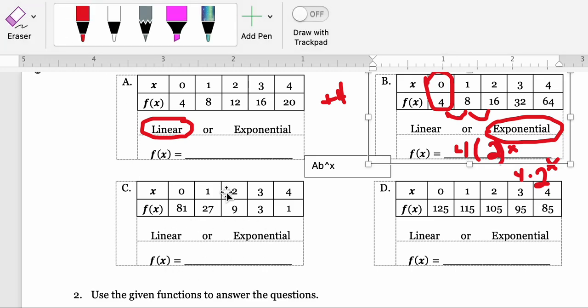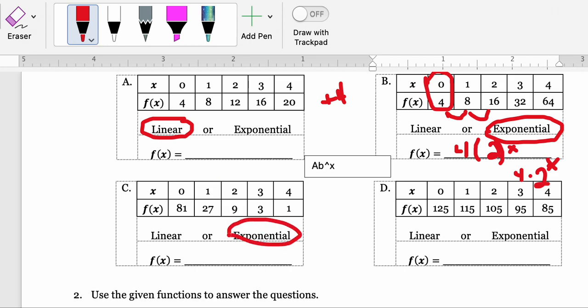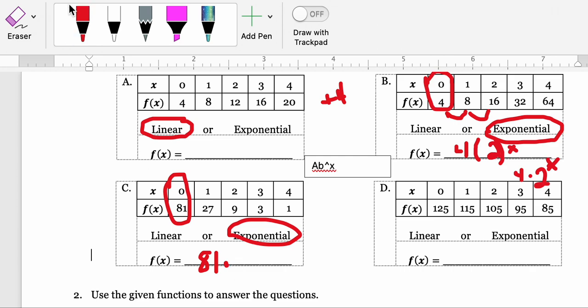This is exponential because it's being multiplied by 1/3 each time. And our a is our initial value, so our a is 81. And we're going to multiply that times our b, and our b is our growth rate, which is 1/3. You don't need to put the parentheses when you have that there. I like to be specific with parentheses, but I'm just going to write it.